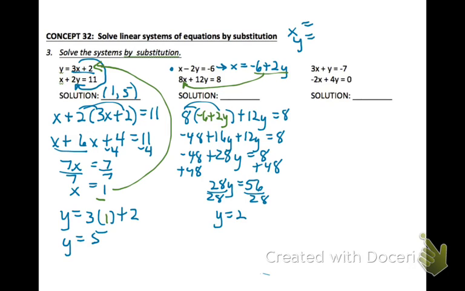Now to find the x that pairs with that y, this is the second substitution that you do. So you take 2 and you plug it in to one of your original equations. So you can plug it in to the first equation, to the second, or even the one that you adjusted. And so that's where I'm going to plug it in.